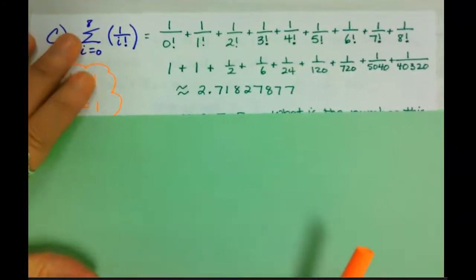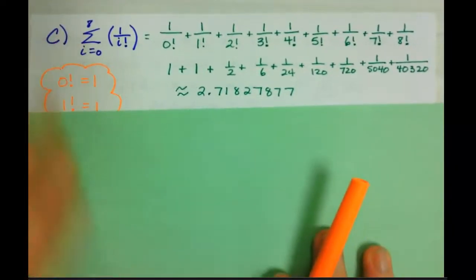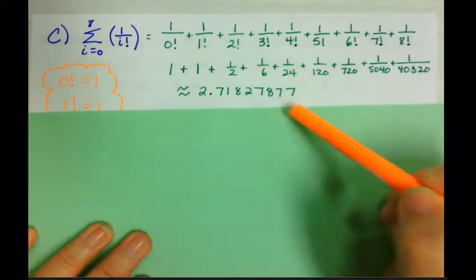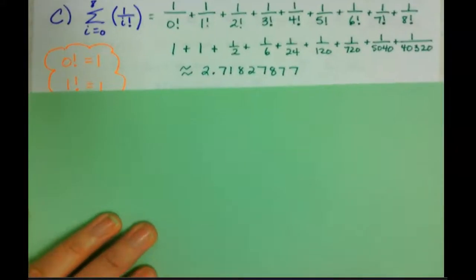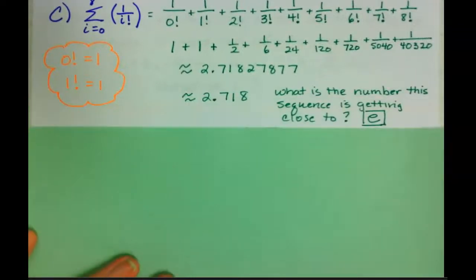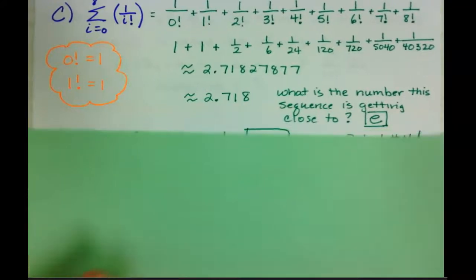And then when I added all those fractions together on my handy dandy calculator, I got this amazing decimal that should kind of look familiar. I thought this was kind of a fun one because it's really close to E. So this is an approximation that's getting us really close to the number E. Remember, E is a transcendental number, so it is a letter that represents a number, so it's a constant value. It's not a variable. So sometimes people forget about that.